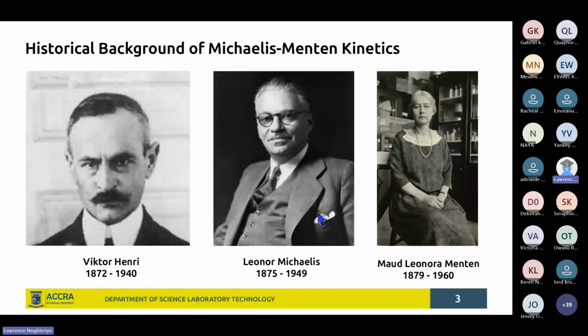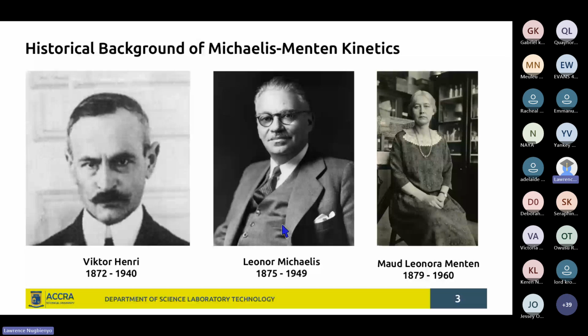A lot of people, like scientists at the time, were not financially stable. And because of that, he decided to do medicine first. So Leonor was first a physician, medical doctor, before later he went into scientific research, chemistry.